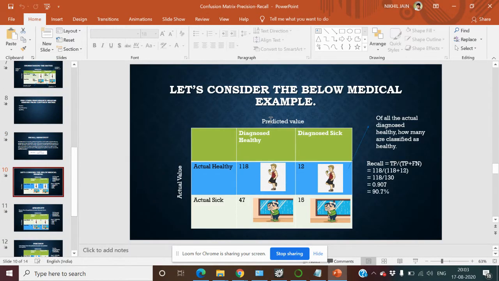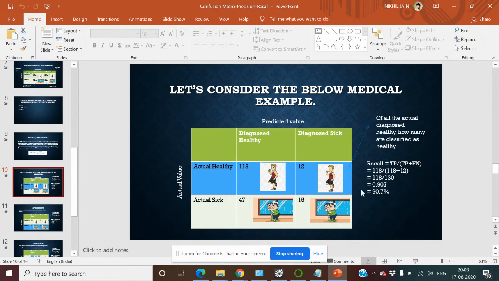In case of recall, we consider the total people who were actually healthy, and the model predicted them as healthy. So recall has the formula TP by TP plus FN.